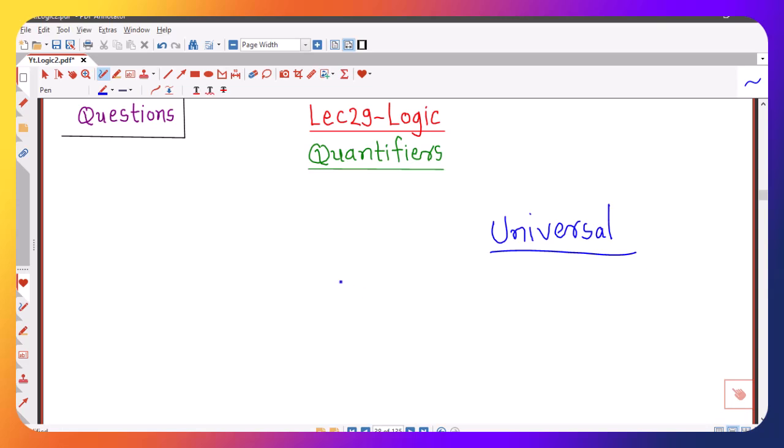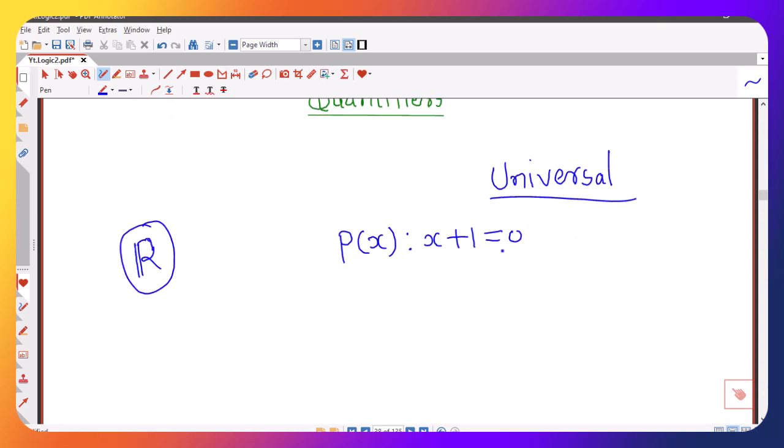But suppose we have this type of statement function. For example, suppose px is the statement function x plus 1 equal to 0, and suppose the universe of discourse or domain is the set of real numbers. Then we know that x plus 1 equal to 0 has the solution x equal to minus 1, which is in the set of real numbers.